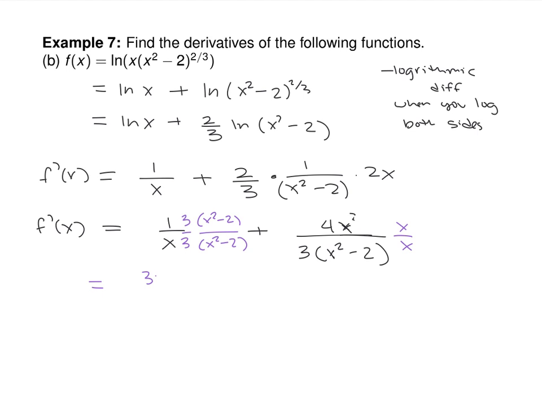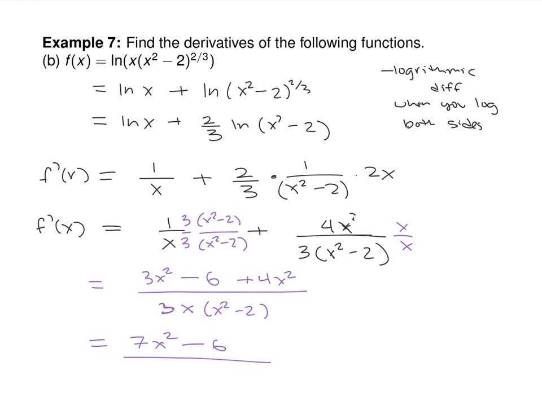So that'll be 3x squared minus 6 plus 4x squared over 3x times x squared minus 2, or 7x squared minus 6 over 3x times x squared minus 2. Is how I got the numerator okay?